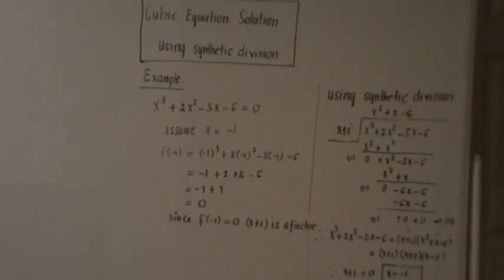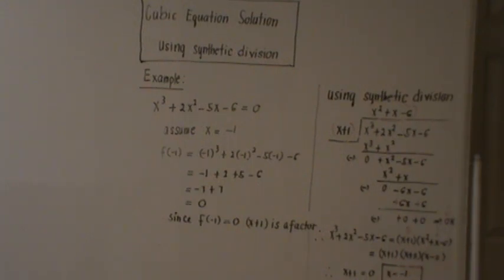Okay, that's it, guys. So this is the way to compute the possible roots of a cubic equation without resorting to the complicated derived equation for cubic equations. Me, myself, I could not memorize it first-hand.